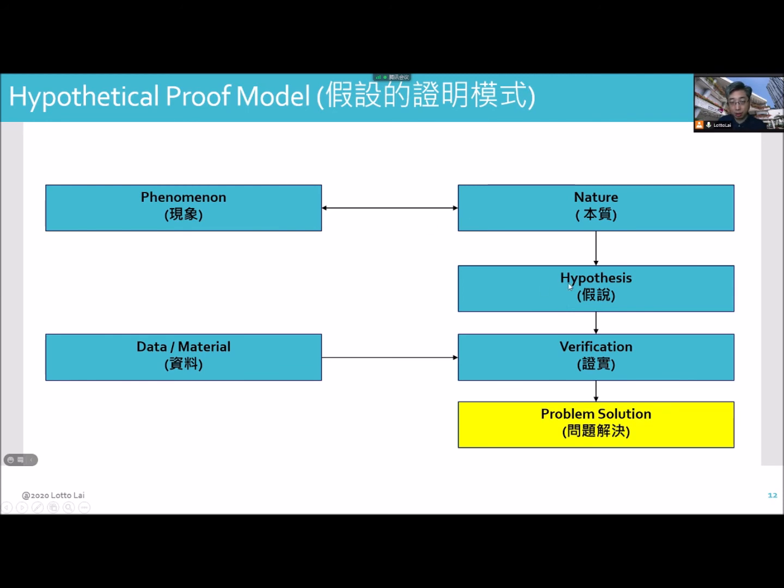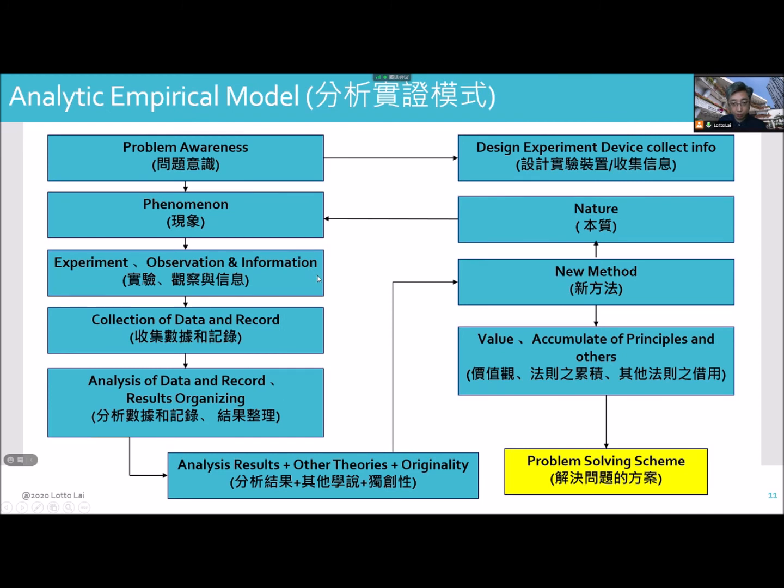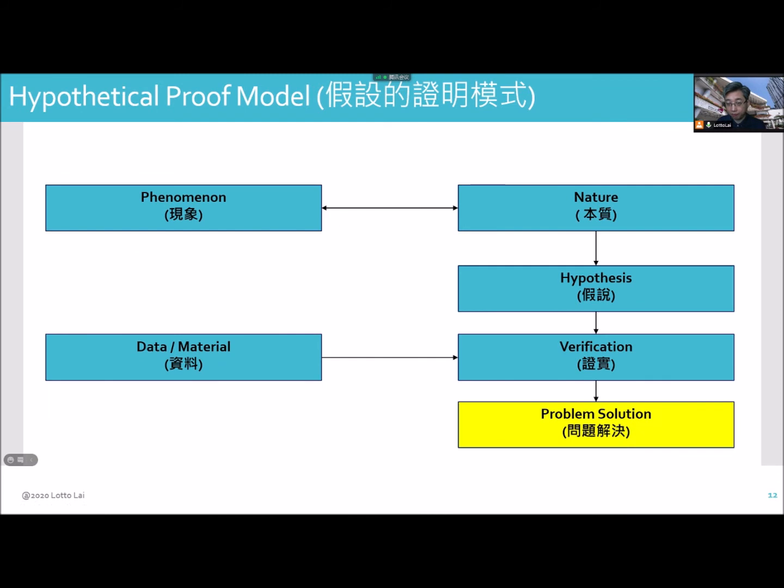It is more commonly used. In the other one, you observe and collect information first and analyze it to build up the new method. It is a totally different approach. Here you make the hypothesis and then collect information to validate your hypothesis.